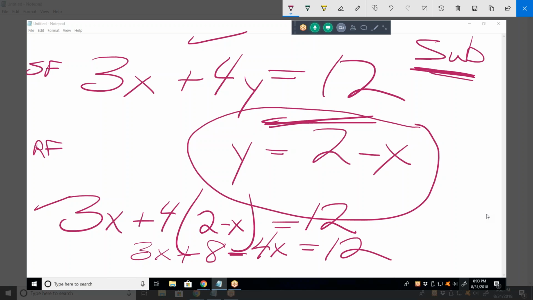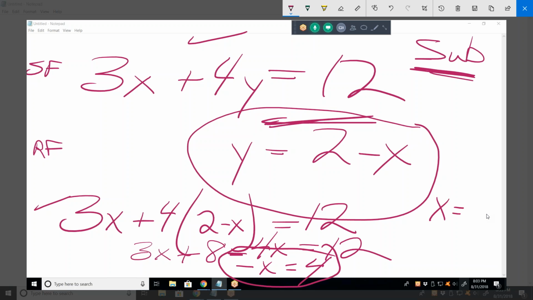Keep going. Good. Okay, so what's x equal to? No, negative x is equal to 4.